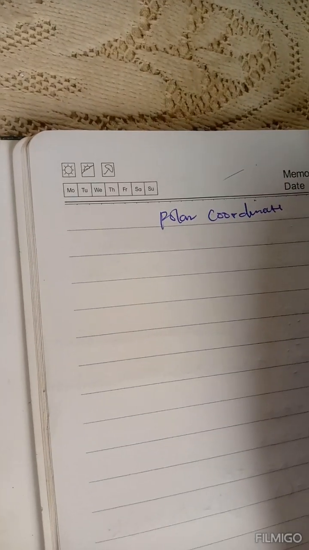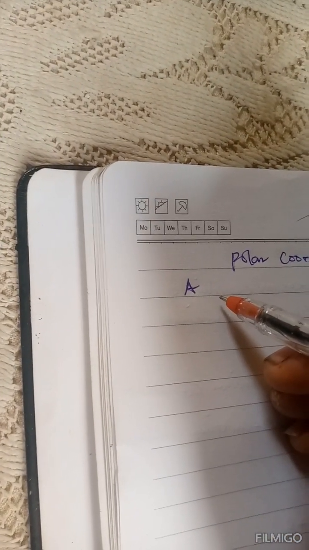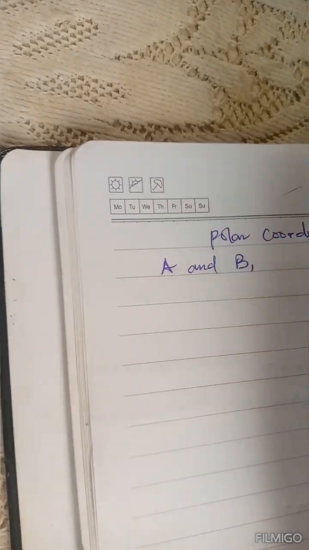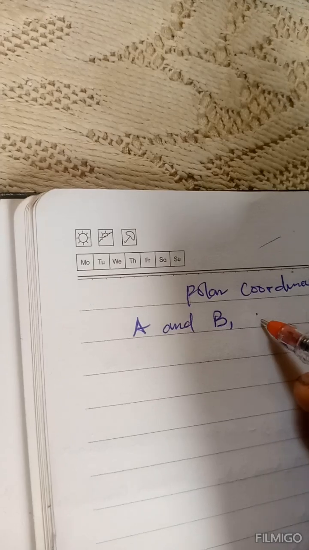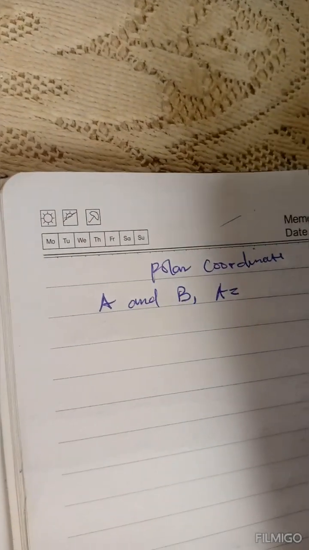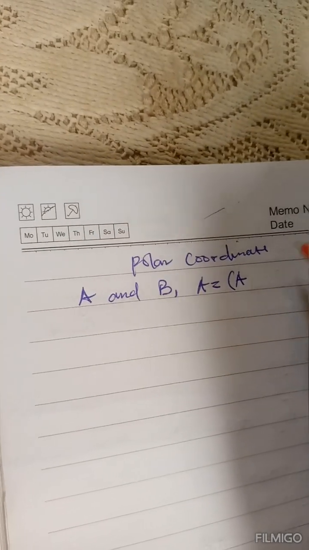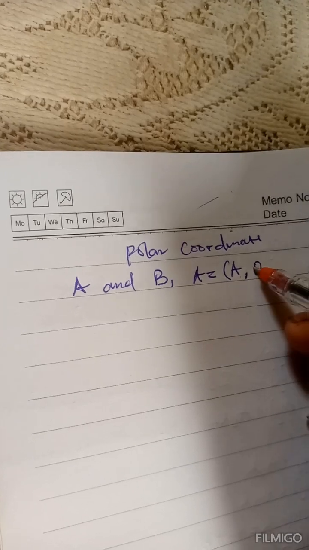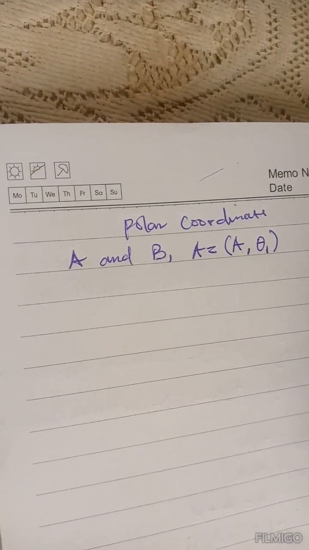So let's say I have vector A and B. For vector A, I'm supposed to have a coordinate A, which is the magnitude, and theta, which is the angle.